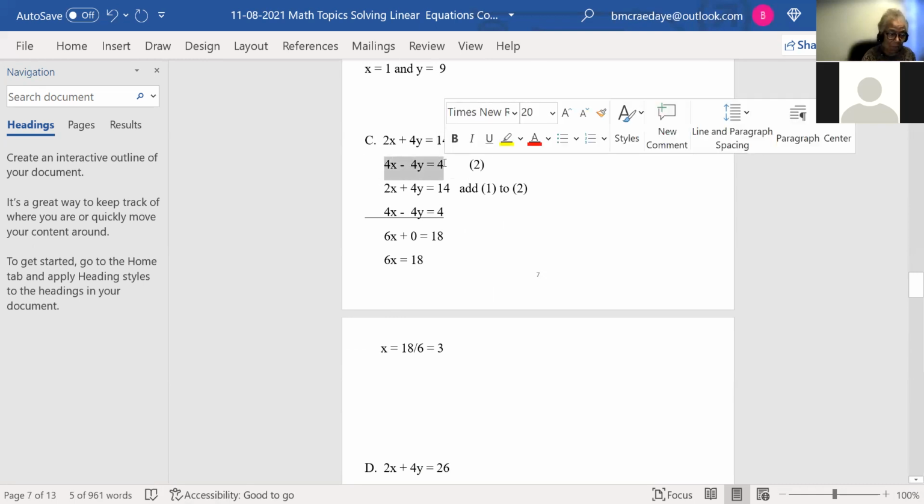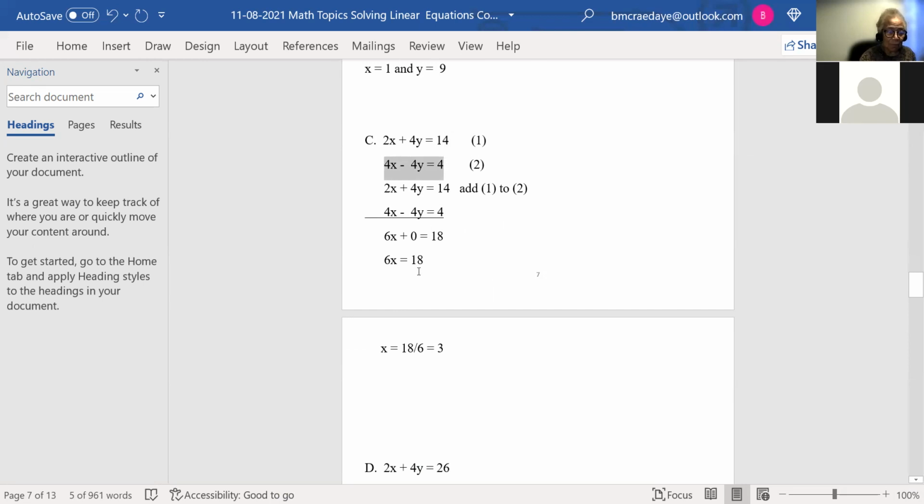So I'll put that here. If I substitute 3 for x, and what do you get for y?